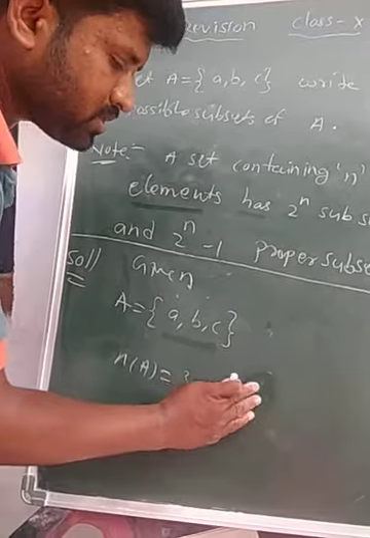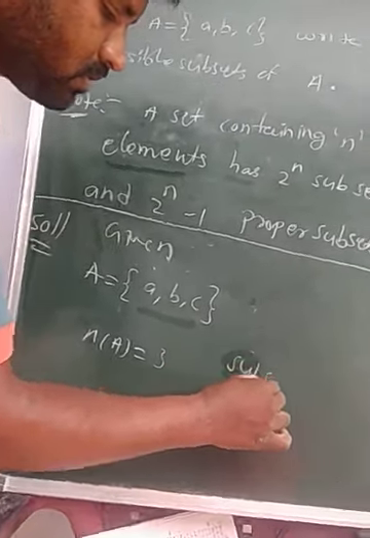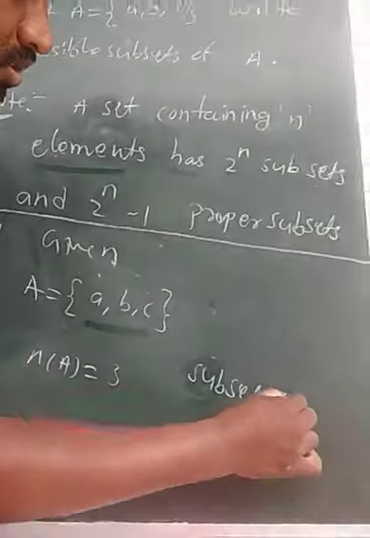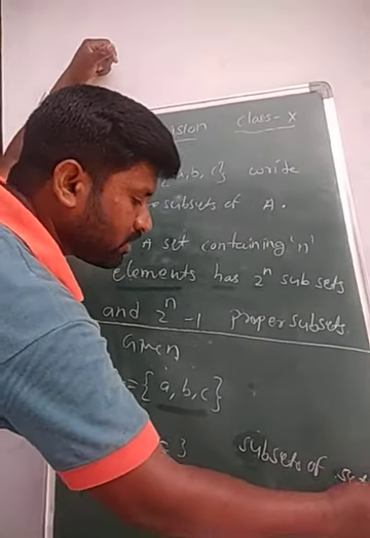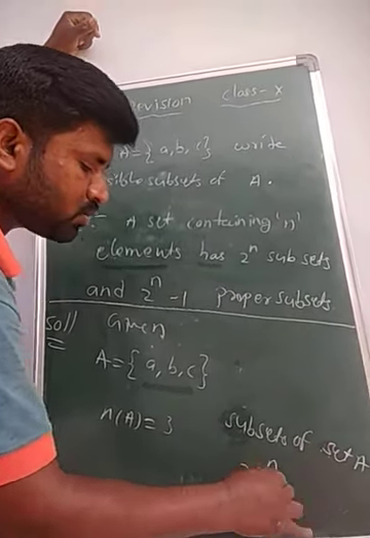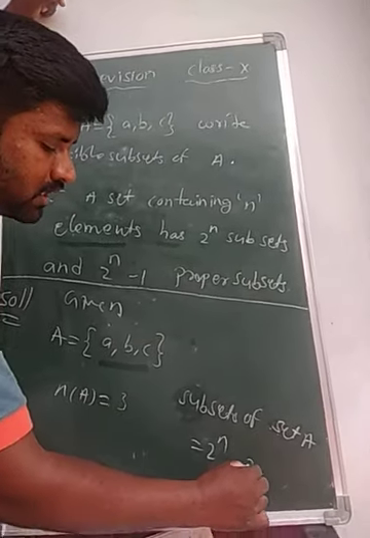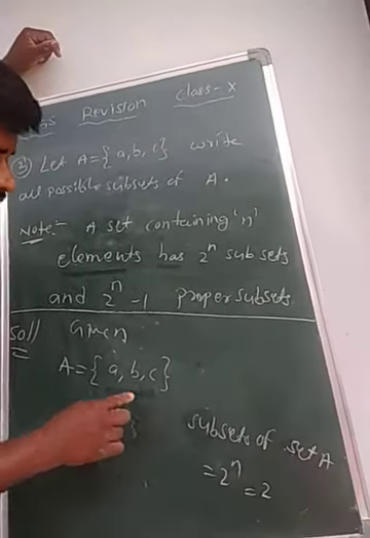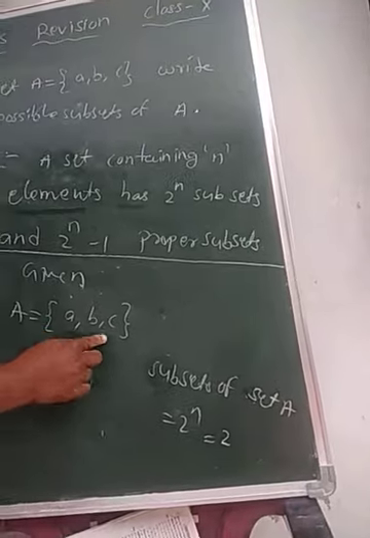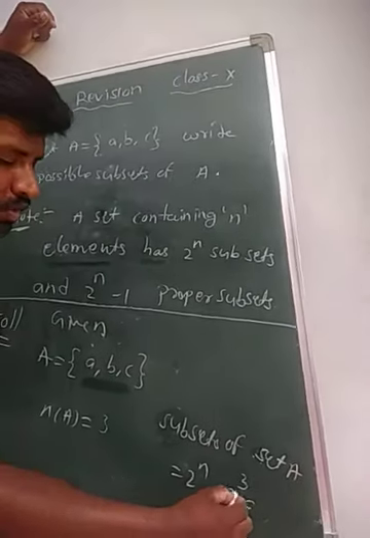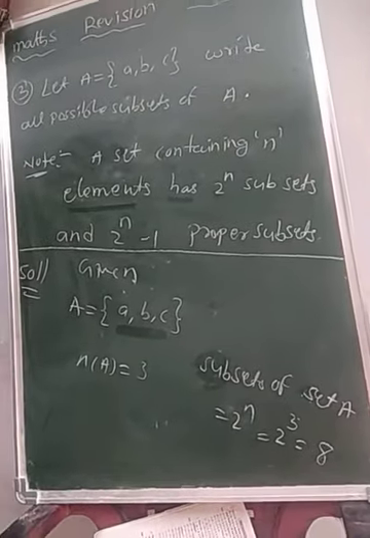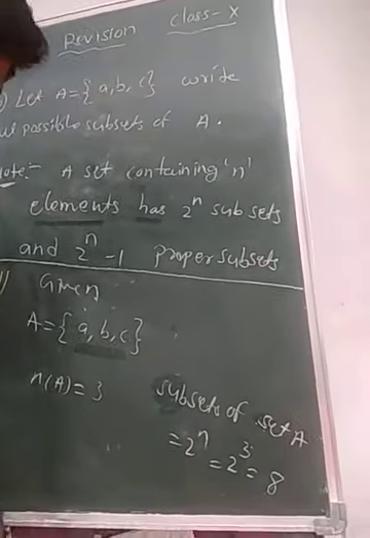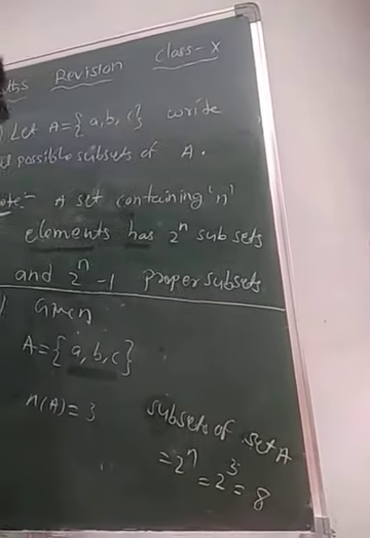In the place of n, how many elements are there here? 3 elements. Then 2 power 3 means what, Nana? That is 8. That is, set A has 8 subsets.